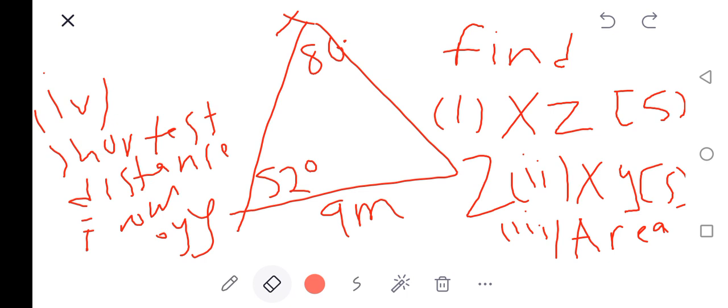Shortest distance from, I think it will say Y, from Y to XZ. So my upload has question 4 there. You copy it properly.